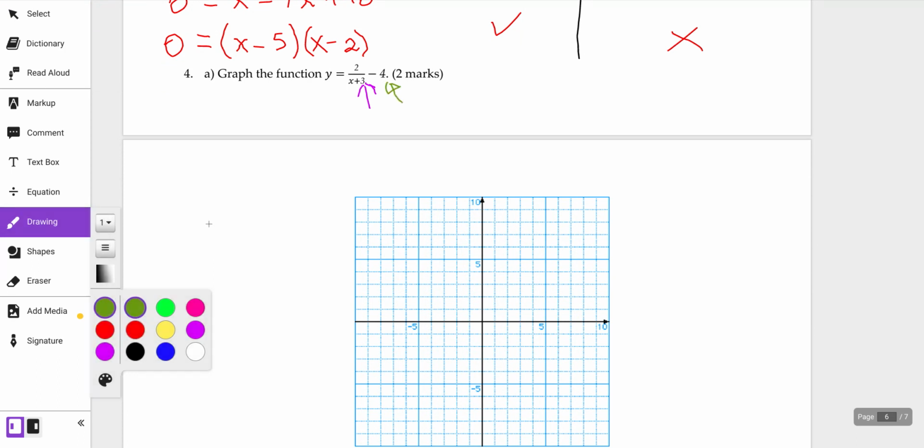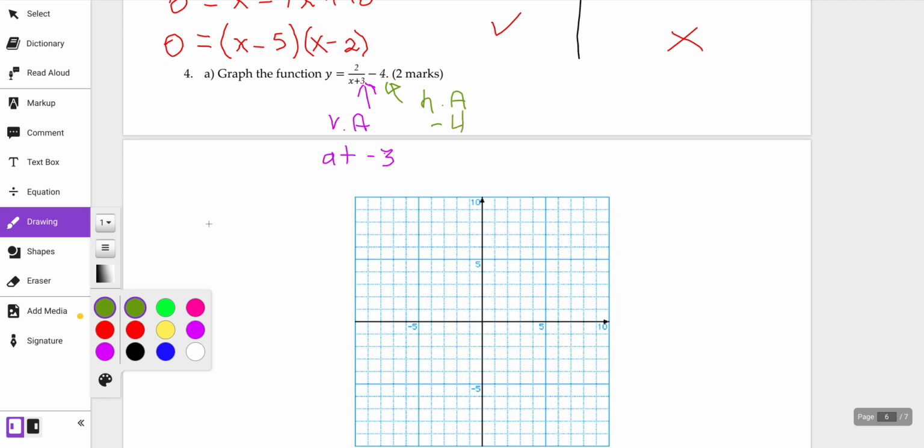The first one, x plus 3, is telling you where your vertical asymptote is. It's telling you your vertical asymptote is at -3 because it went 3 to the left. The minus 4 is telling you where your horizontal asymptote is. It's telling you it's at -4 because the original function went down 4.